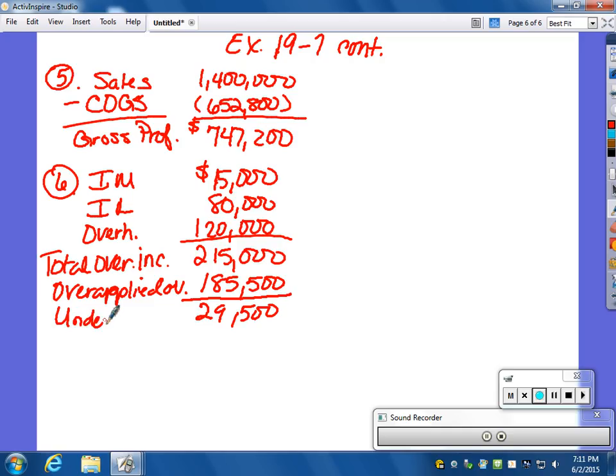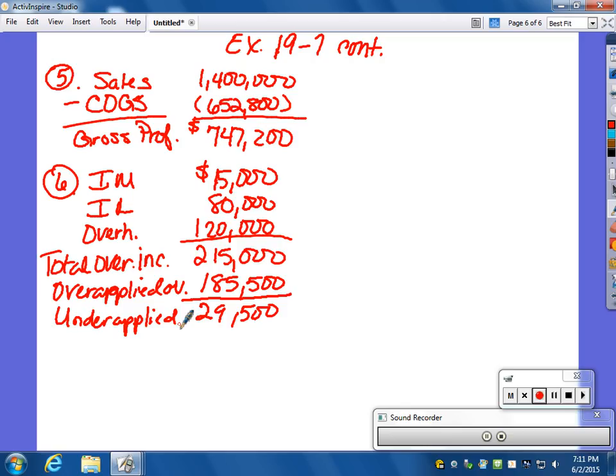You sure? Why? Because the applied is less than the total incurred. It's under applied, but I asked why. Because the actual is greater than the applied.